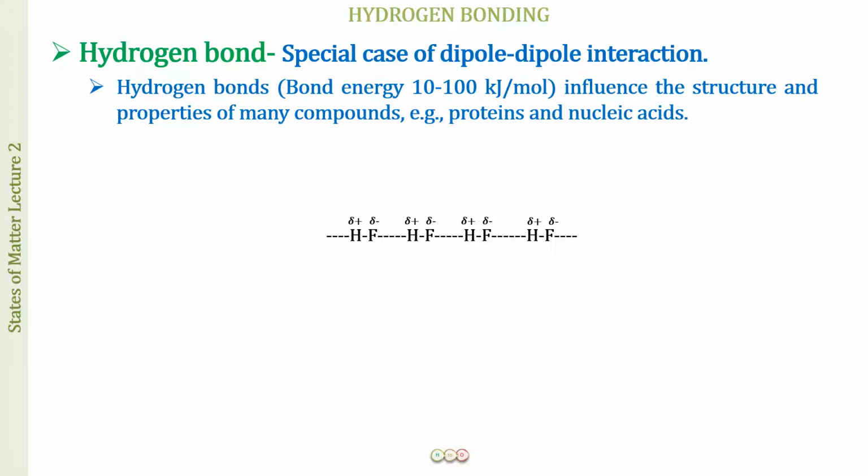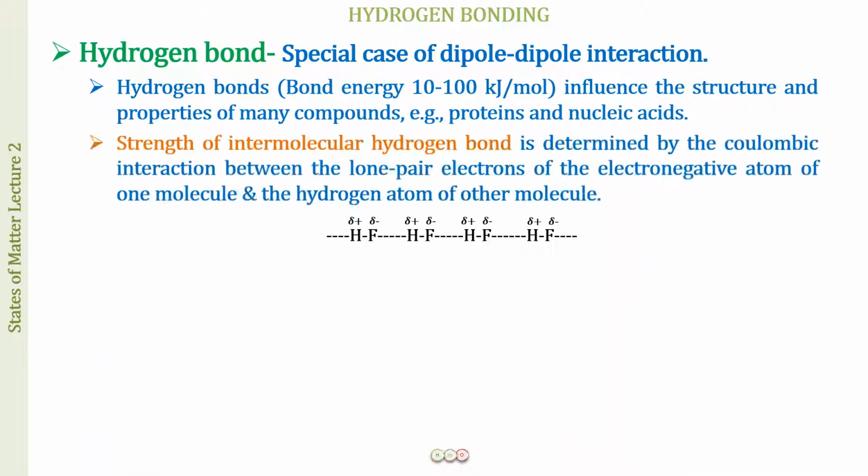So these hydrogen bonds do influence the structures and the properties of many compounds. The strength of the intermolecular hydrogen bond, how strong this bond is, will be determined by the Coulombic interaction between the lone pair of electrons of the electronegative atom. So fluorine has lone pairs of electrons, right? So these lone pairs of electrons will be attracted by the hydrogen atom of the other molecule because this has a high partial positive charge.